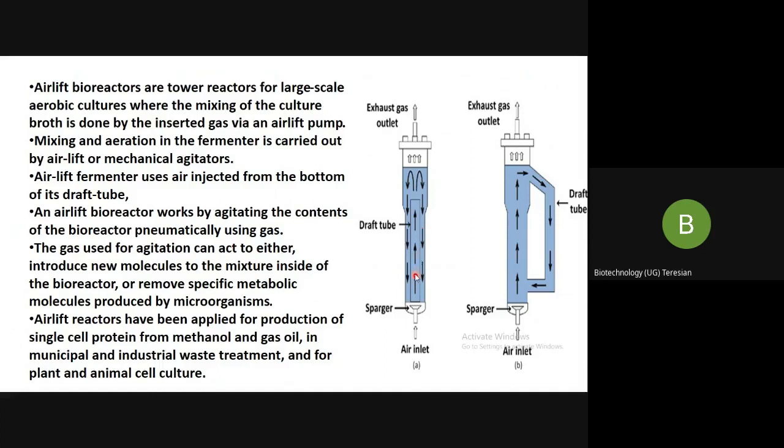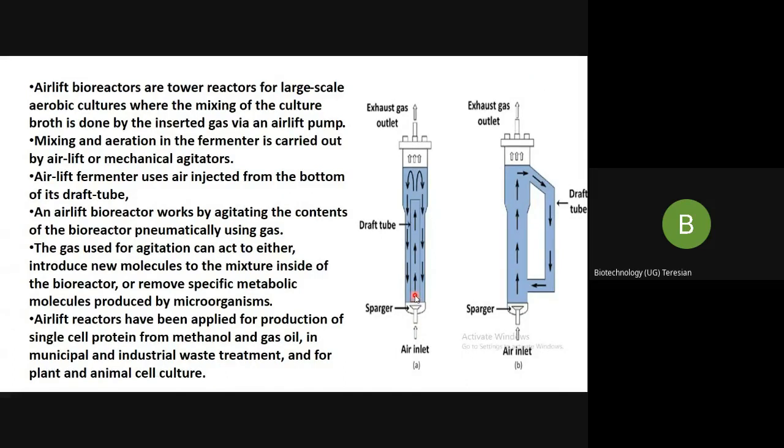So here, what is happening? Here is the liquid material. We have added all the liquid material, whatever we want, and inside the cylinder there is the draft tube. All the blue color you are seeing is the liquid. Here is the sparger, through which it can pass the gas.